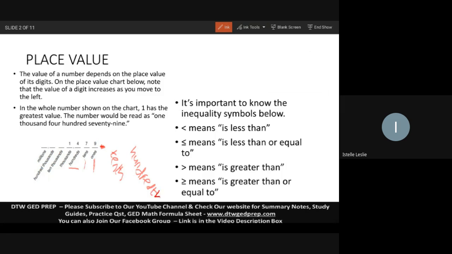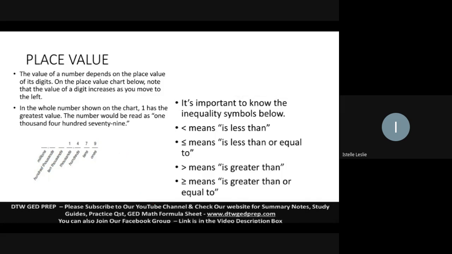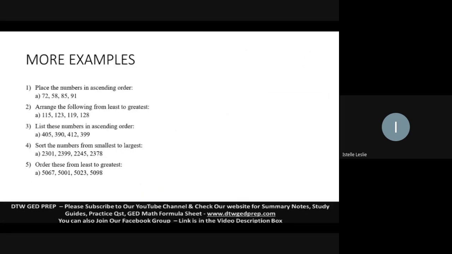So same thing, thousands, 10,000, 100,000, millions, like that with th, because you are going after the decimal. So yes, let's go back to the place value.